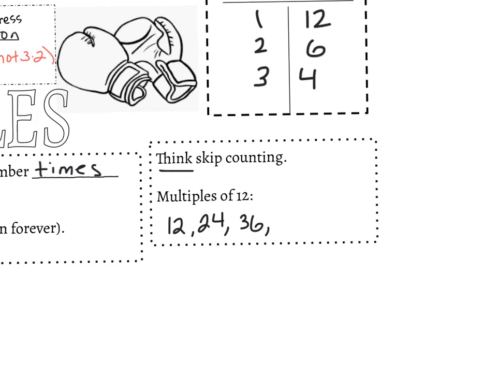That would be 12 times 3. 48 is 12 times 4. 60 is 12 times 5. 72 is 12 times 6. And like I said, these will go on forever. So these are some of the first multiples of 12.